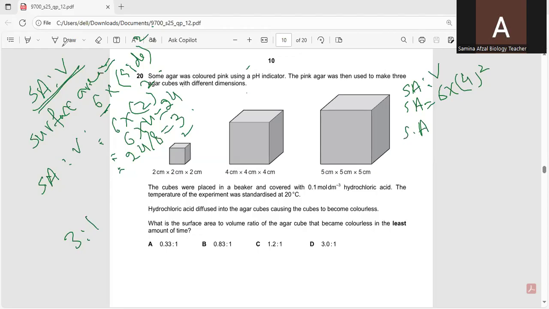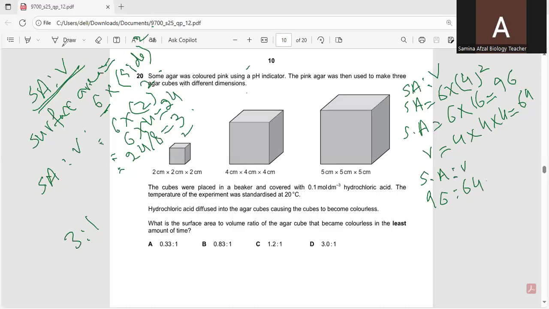So SA is 6 into 16, which is equal to 96, and volume will be 4 into 4 into 4, which is equal to 64. So surface area to volume is 96 over 64, which is equal to 1.5. So it is 1.5 is to 1.